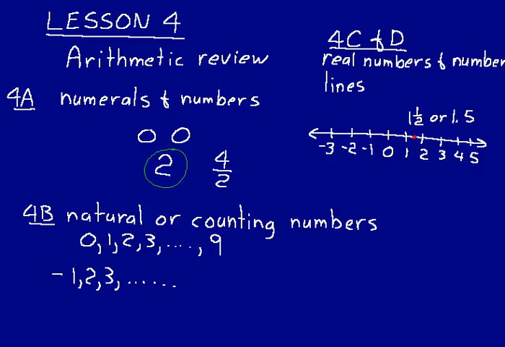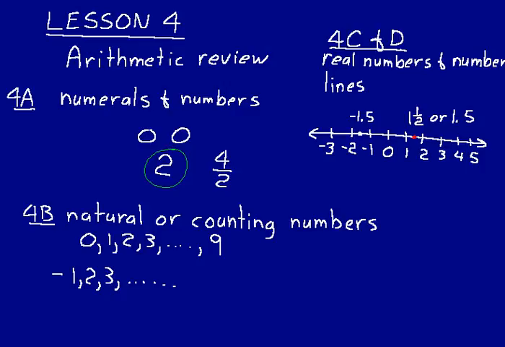Those are all negative numbers. And so we could do the negative counterpart of 1.5. I'll put a white dot right there, and we'd say -1.5. So we always put a negative sign in front of those negative numbers. Positive numbers, we don't put a positive sign in front of those. We just understand that those are positive.